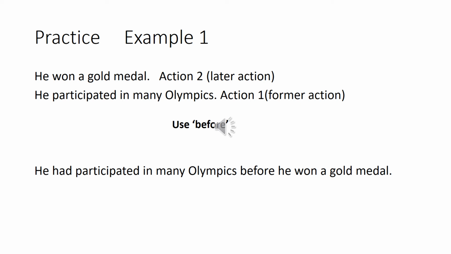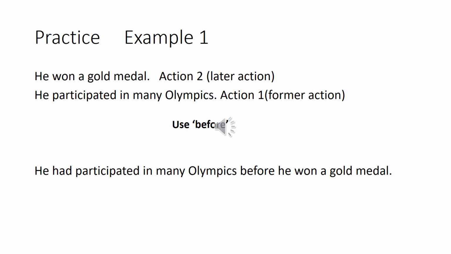Okay, so how to join these two? These two past actions, action 2 and action 1, the later action and the former action, should be put together using the time expression before. How has it been done? You can see the example done by me. He had participated in many Olympic games before he won a gold medal, because he won the gold medal in recent times, the present time, and before that as well he had participated in many Olympic games.